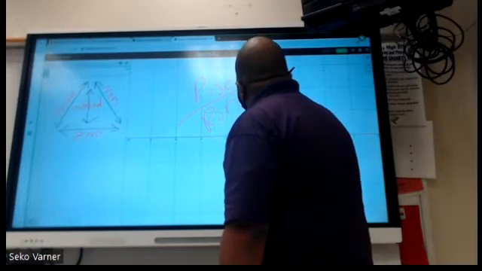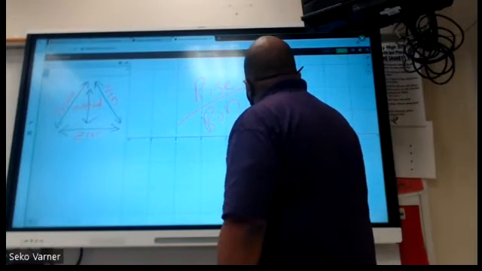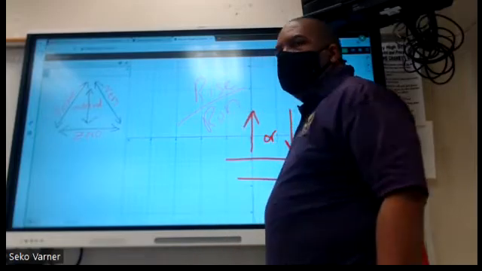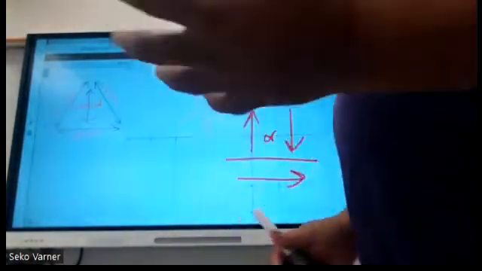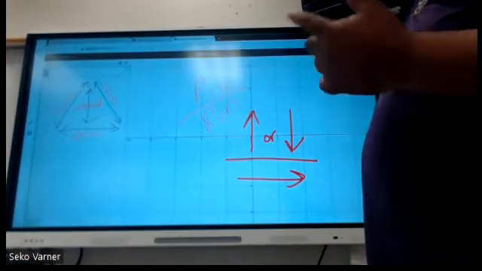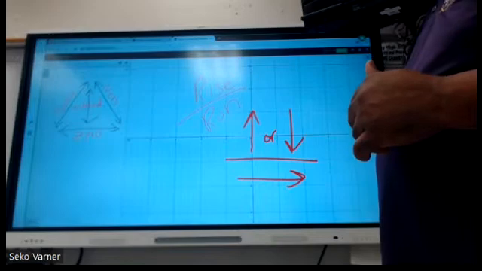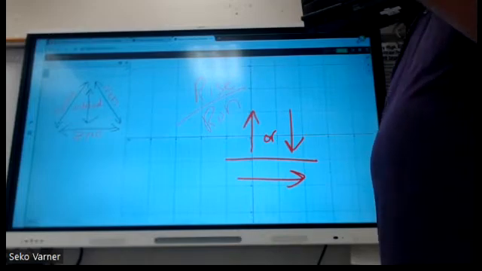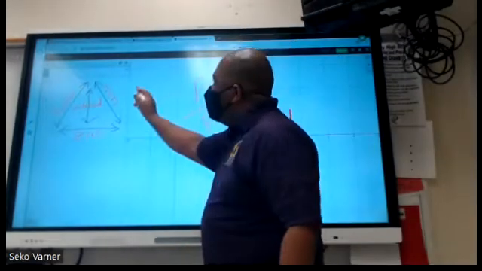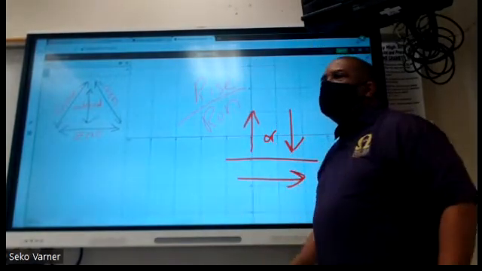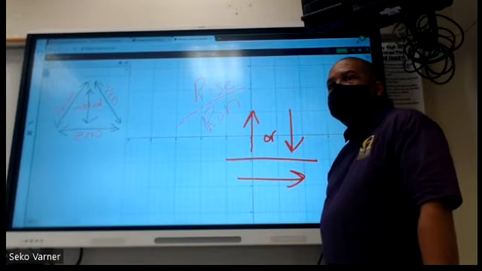This is either going up or down. And this is always going to the right. The top part of the fraction is up or down. The bottom part is always to the right. If you remember what we have here and what we have here, this section is going to be straight A for you.